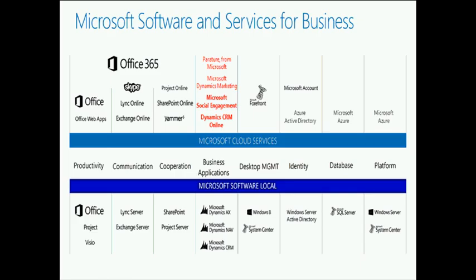Within the gamut of products offered by Microsoft, focusing on the business application area, we have a few products that are supported and sold by Microsoft, and we're focusing on Dynamics CRM Online today. We will touch on Microsoft Social Engagement briefly in the last session of this week, just to give you an overview of what that is.